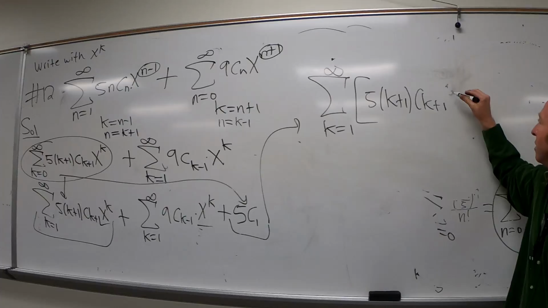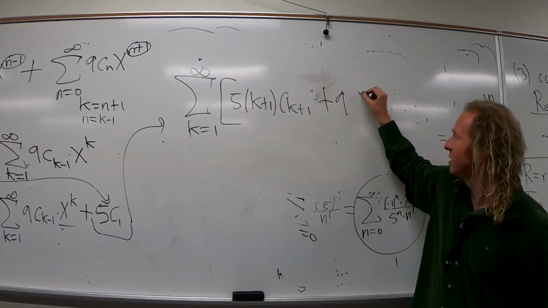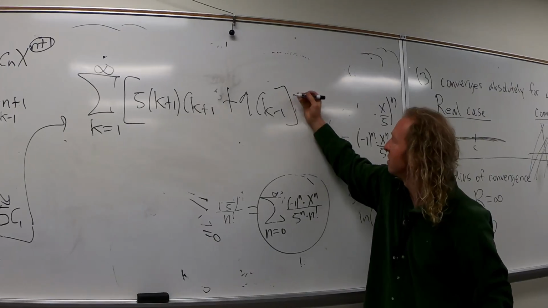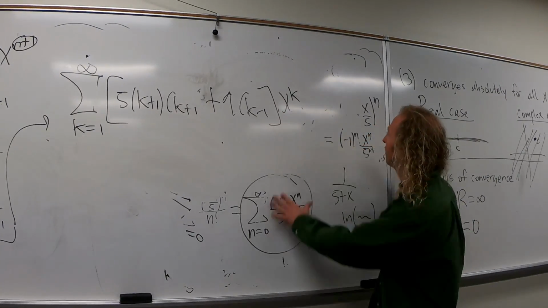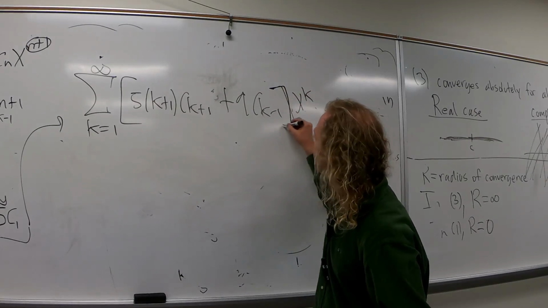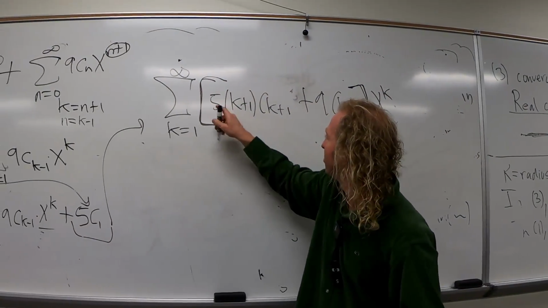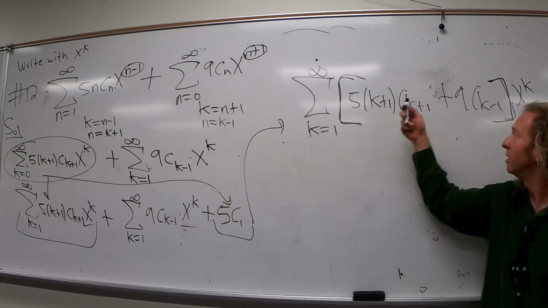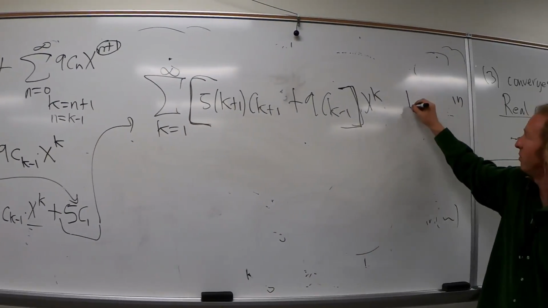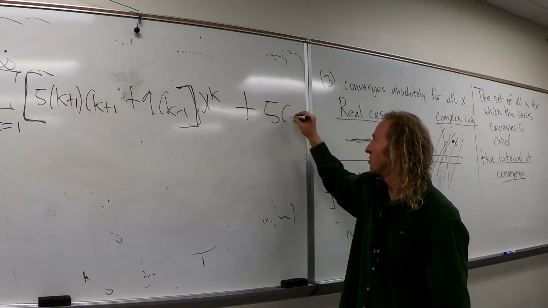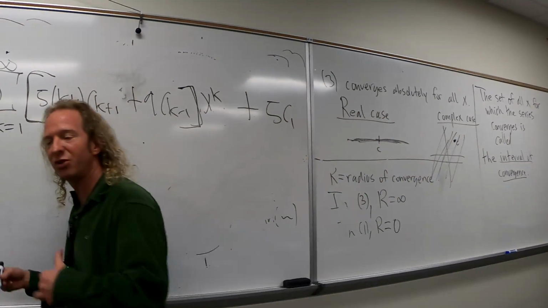So plus 9 c sub k minus 1, and then we have the x to the k like this. Where are your parentheses going on that? Right here, the brackets. So this one is this one, and this one is this one. Then what's missing at the very end? Plus 5c1.